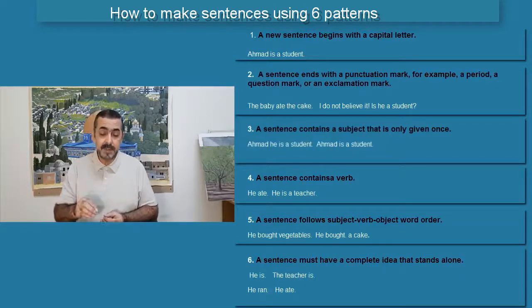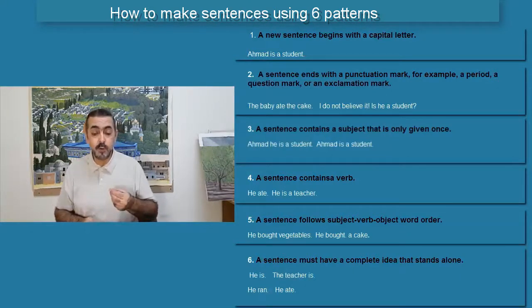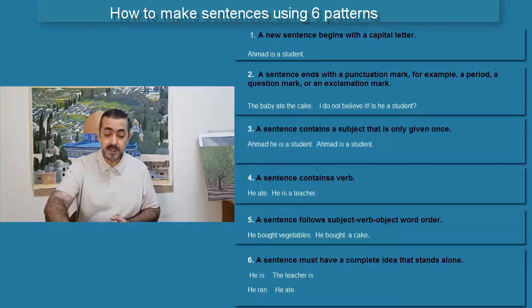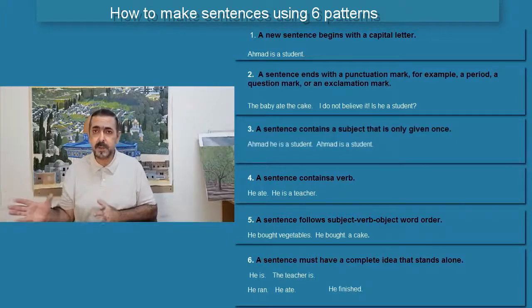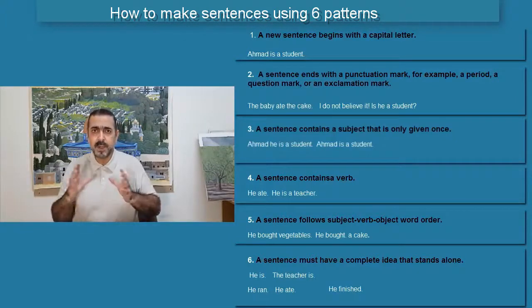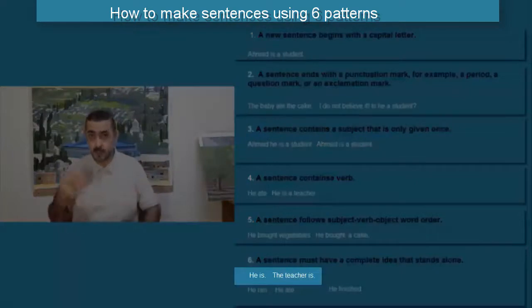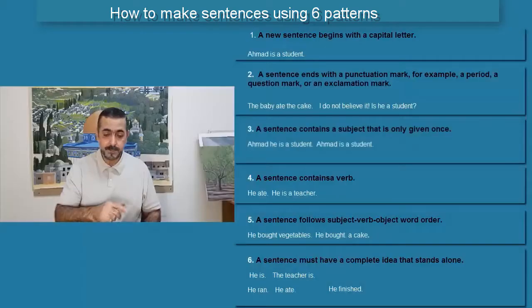So sometimes a sentence is made only of two words, subject and verb, and it has a complete thought. If we say he finished, we understand that he finished something, correct? It's not important to know what he finished, but we know he's done. But if we say he is or she is without continuing our statement, we do not understand anything.